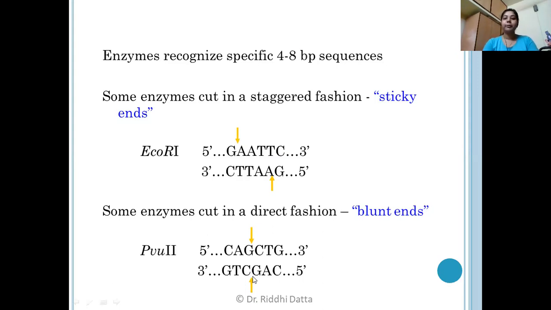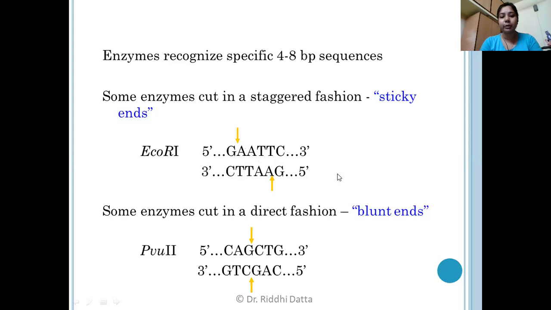The second group will produce staggered end or sticky ends. In this case, cleavage will occur inside the 6 base pair region, but at different sites. So one strand will be cleaved over here, the other one is here. So for both the fragments, we will have a short single-stranded overhang, and the two fragments will have two overhangs that will be complementary to each other.